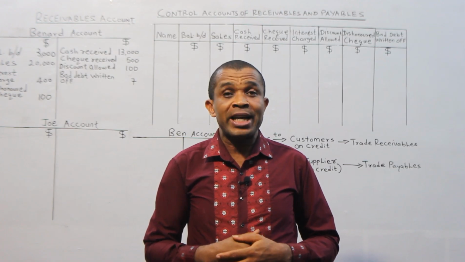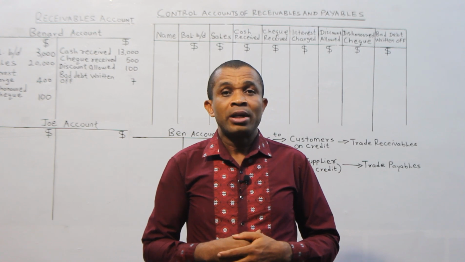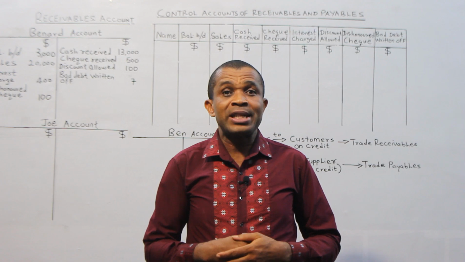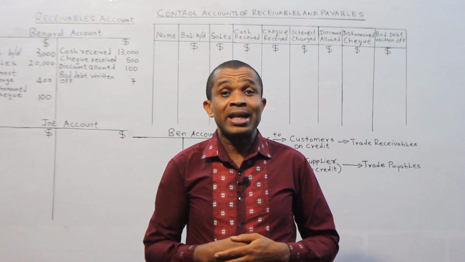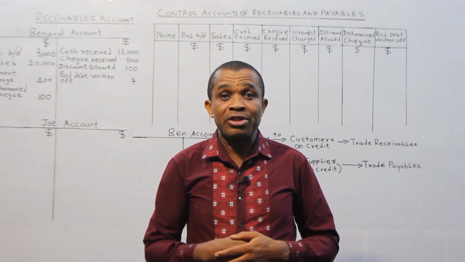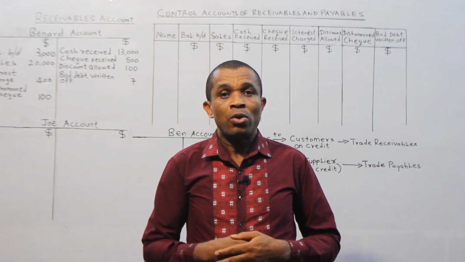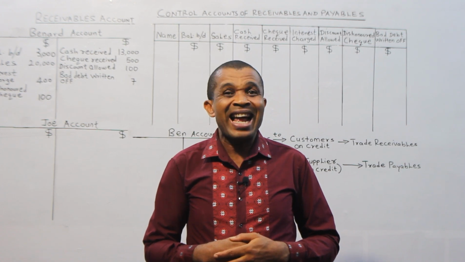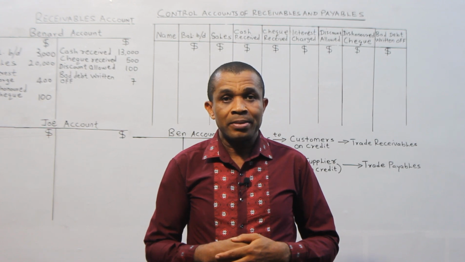It should be noted that all of these transactions that reduce the amount receivables are owing can also be reversed. For instance, if check previously received from Bennett has been dishonored, it will be reversed and debited to the account again.